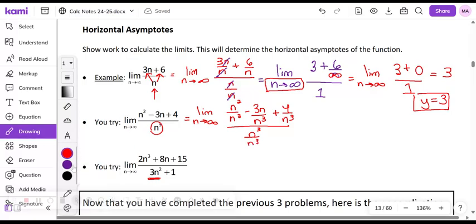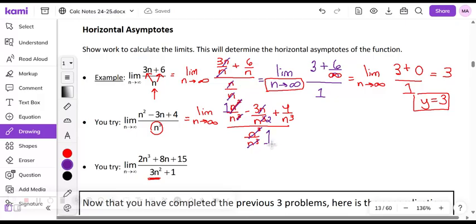Now, if we look at this, n squared over n cubed will reduce to be 1 over n. The second term will be 3 over n squared. The third term will not reduce. And the fourth term will be n cubed over n cubed, which reduces to 1.